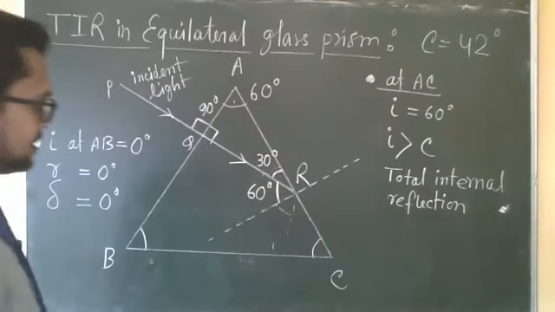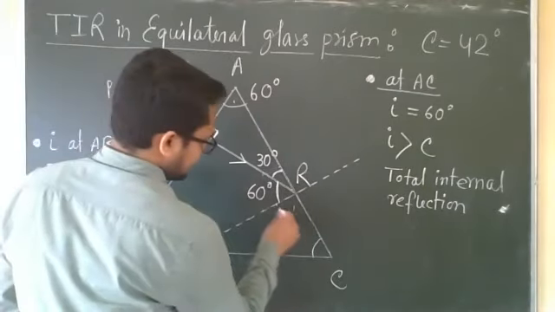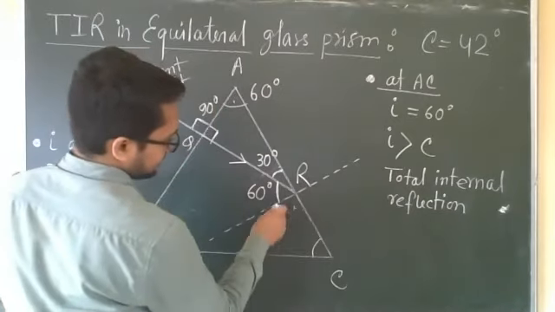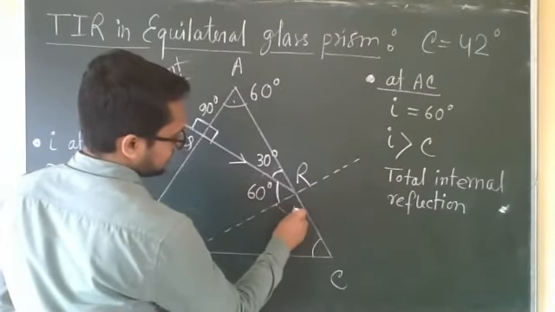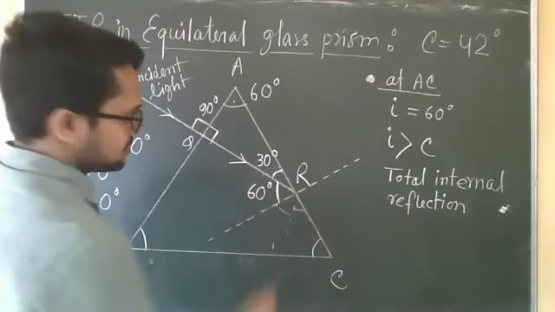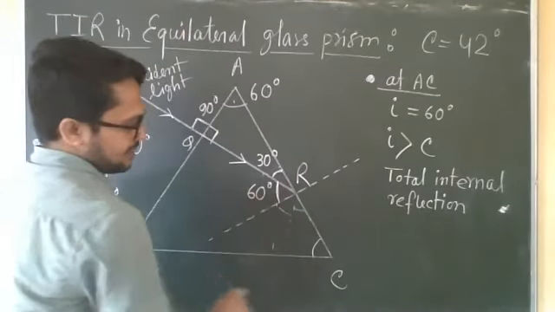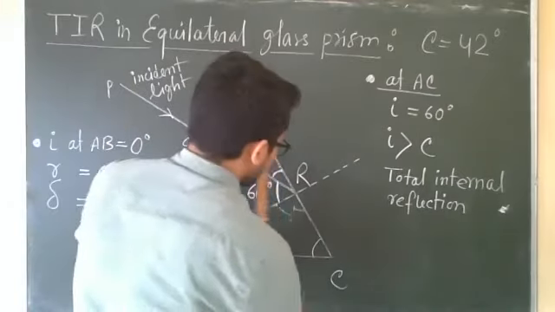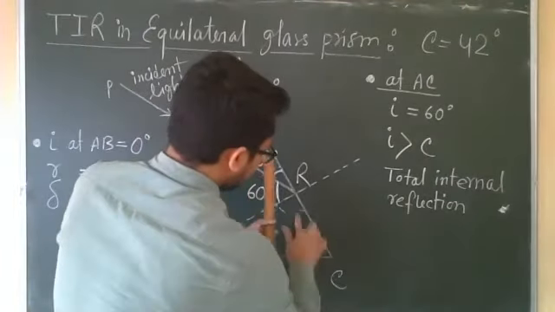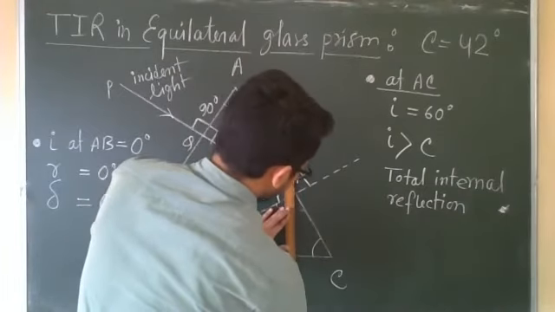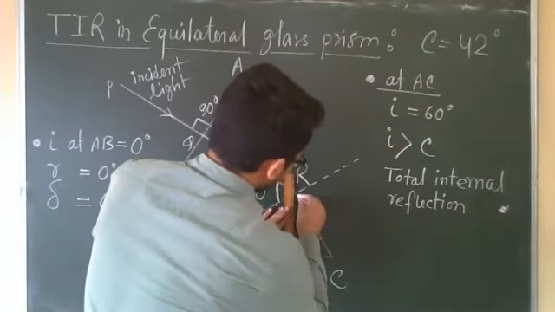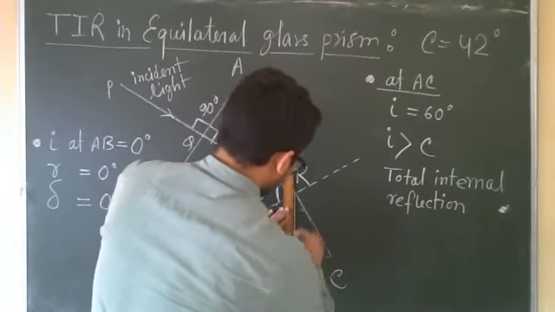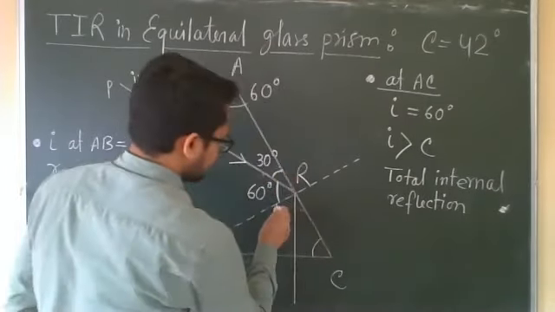Now keep in mind this is 60, this is 60, this one will be 30. Now this is 30, this is 60, so the other angle should be 90. That means it will go along the normal to the surface BC.